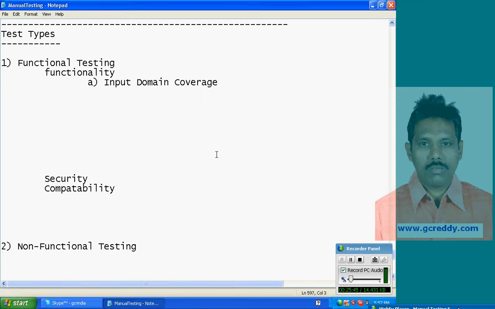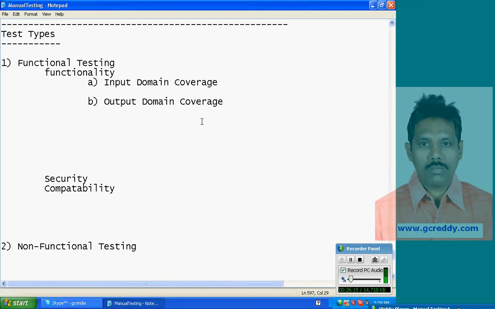Next coverage: output domain coverage. What is output domain? See, input plus process equal to output.